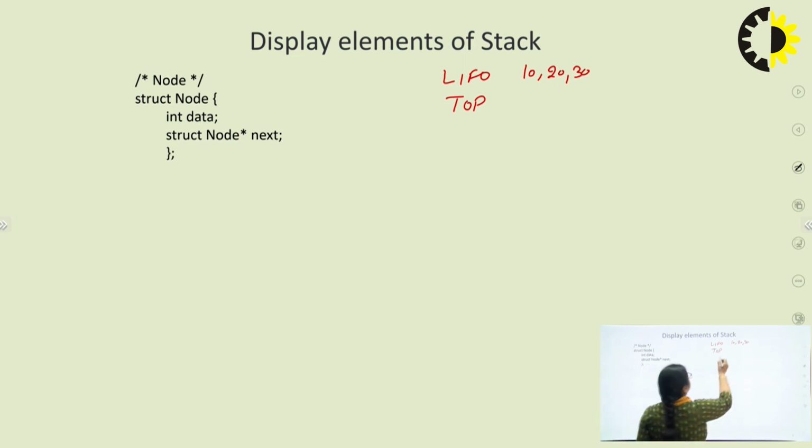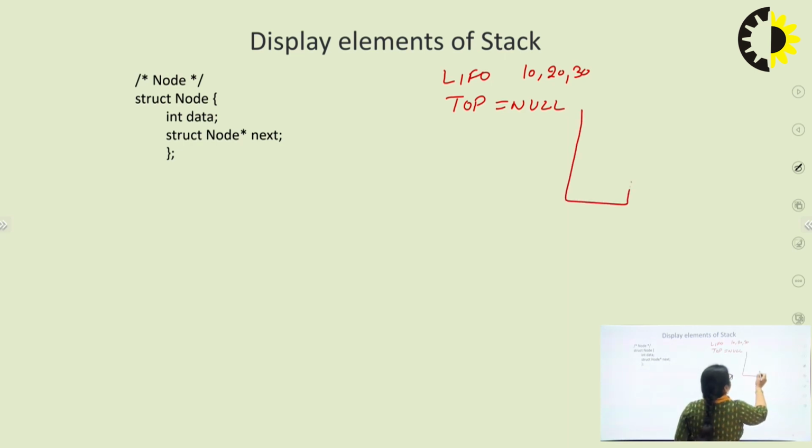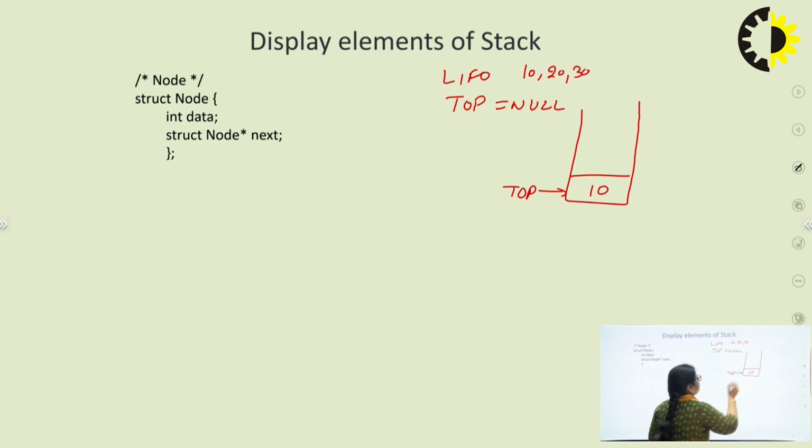Initially my top is null; there is no element here. Now when I want to insert the first one, let me say 10, I'll insert 10. Now my top pointer will point to this location where 10 has been stored.